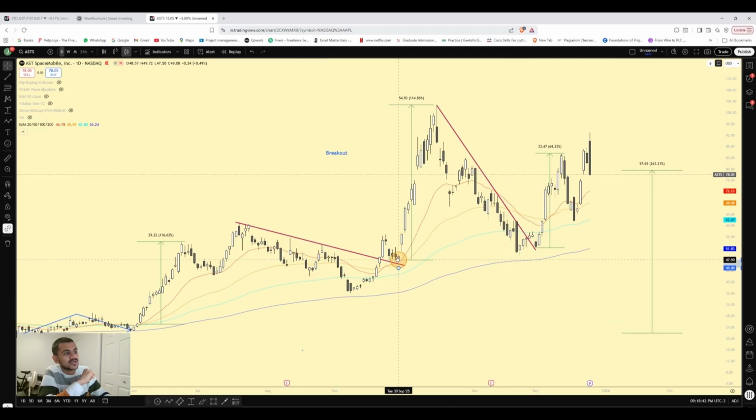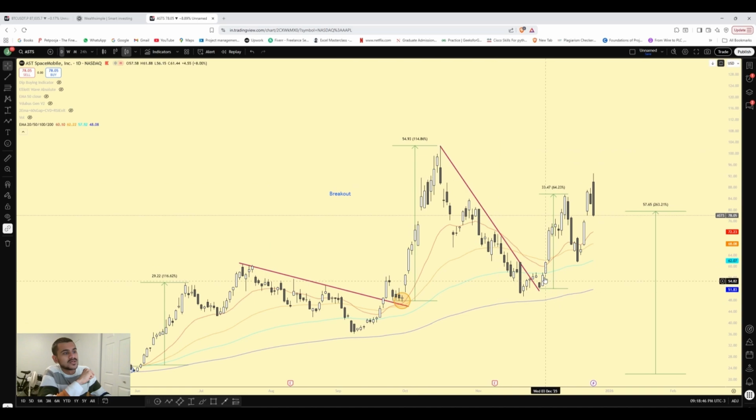That's where the momentum came in. Similarly, here the price broke out, but to get confirmation that it will really go up, when the price went above all the moving averages, that's when the rocket started. Similarly, here it was not much, but when it went above all the moving averages, you see bam, bam, bam.